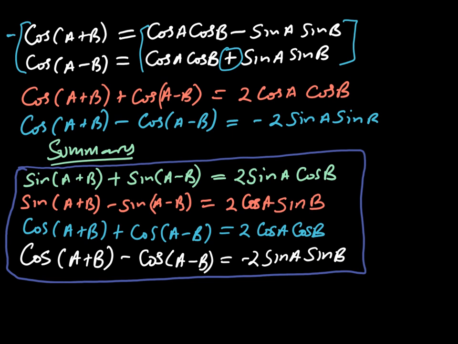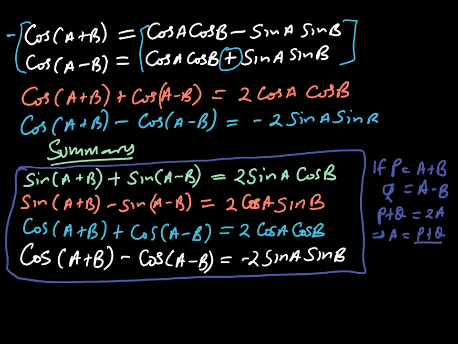So remember, the factor formula can also be written in a different form. Let me show you with only one; the rest you write down. But I prefer to use this when I'm integrating. So if P equals A plus B, and Q equals A minus B, if you add these two, P plus Q will be 2A, meaning that A is P plus Q over 2.